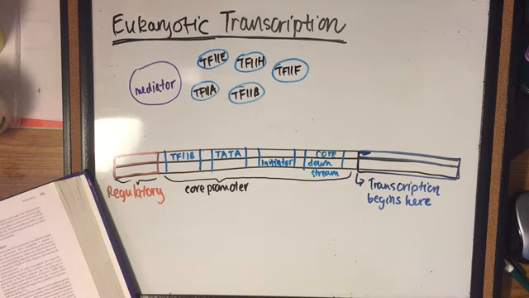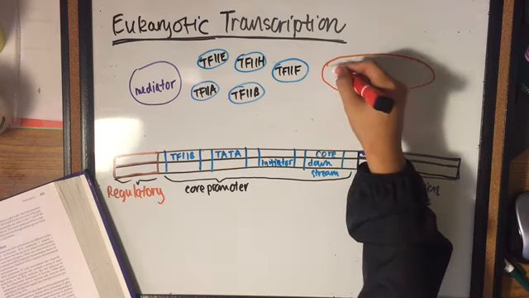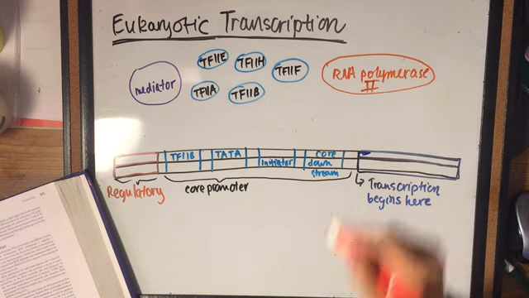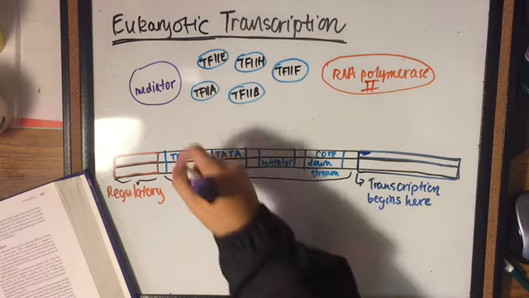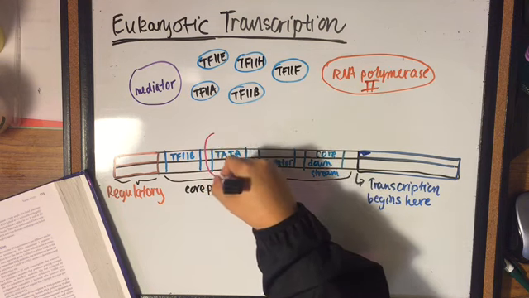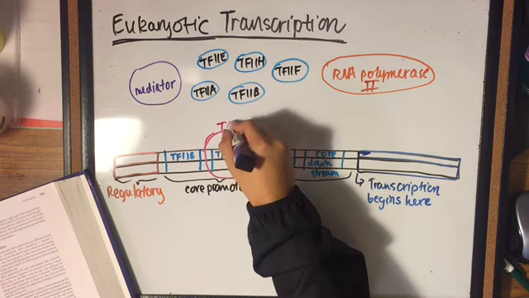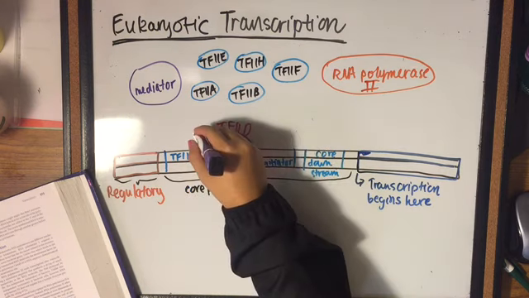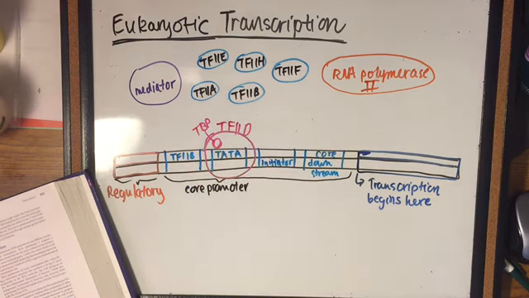These proteins basically replace the sigma factor that is seen in bacterial transcription. Keep in mind that RNA polymerase 1 and 3 recognize distinct promoters.